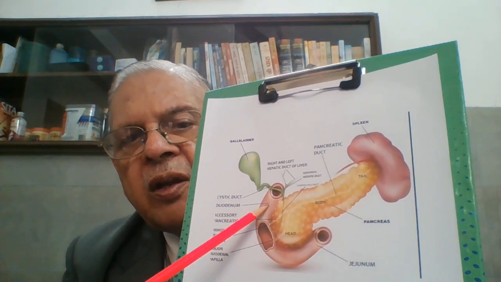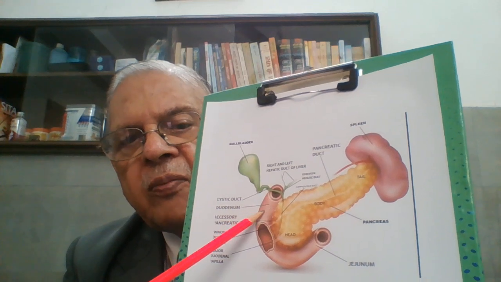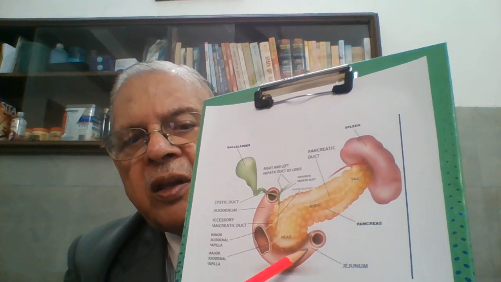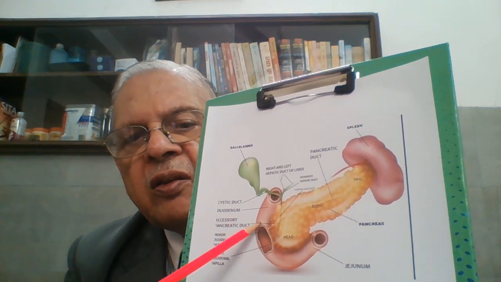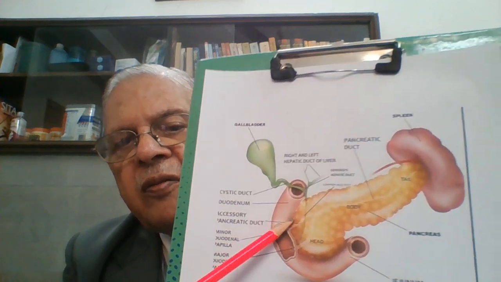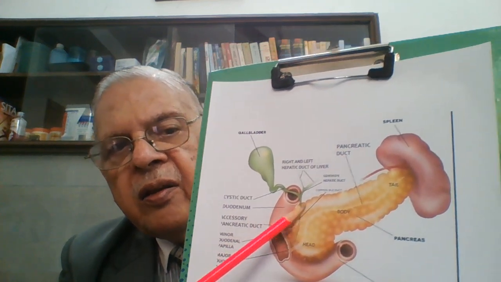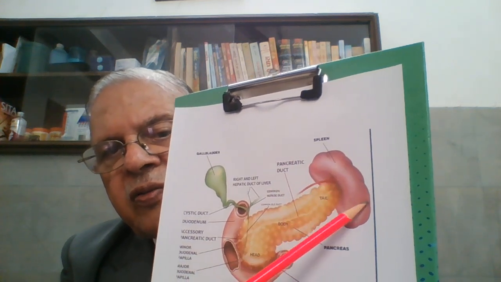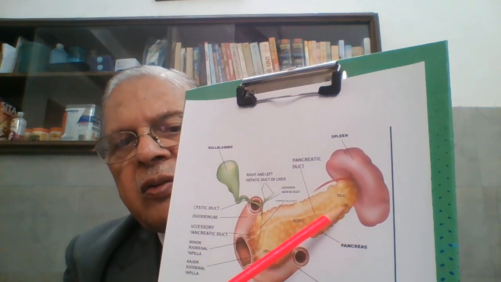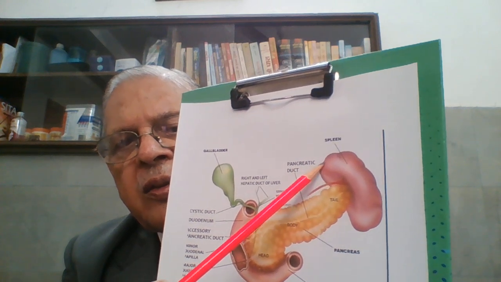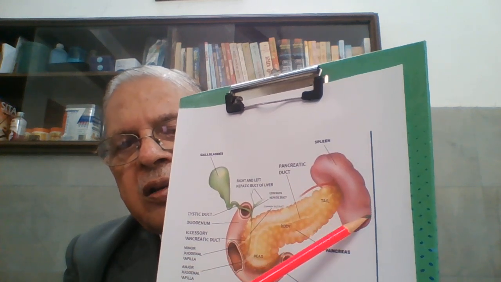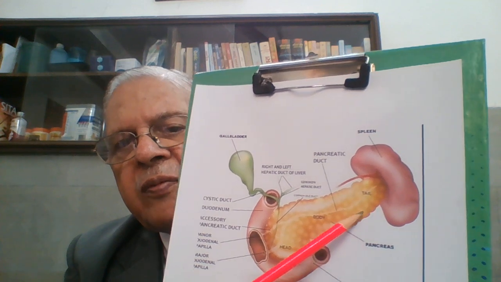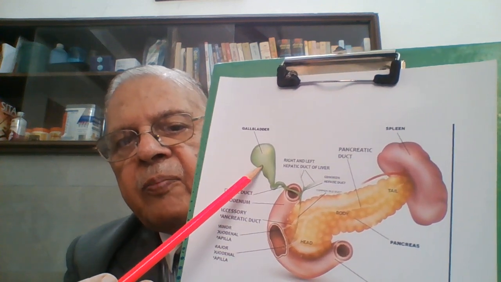This is the beginning, first part of the small intestine, which is making a C-shaped structure here. This is called duodenum, and this is the left side, and this big structure on the left side is called spleen, which you in layman language say tilly, but in medical terms it is the spleen. This is gallbladder.